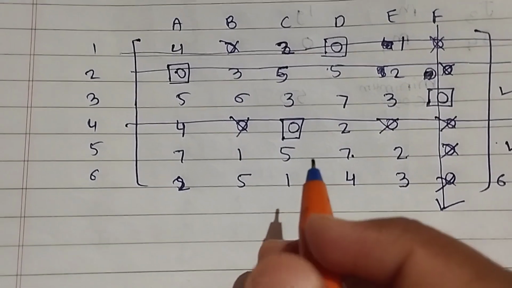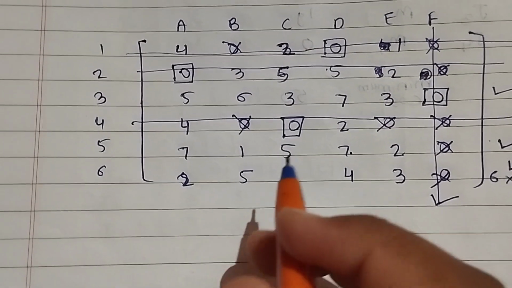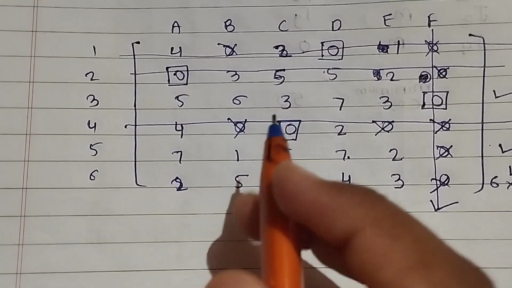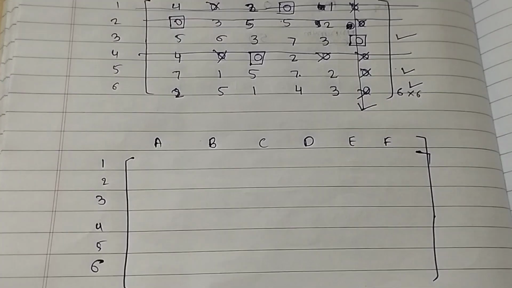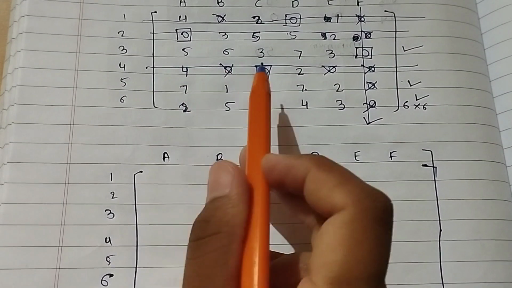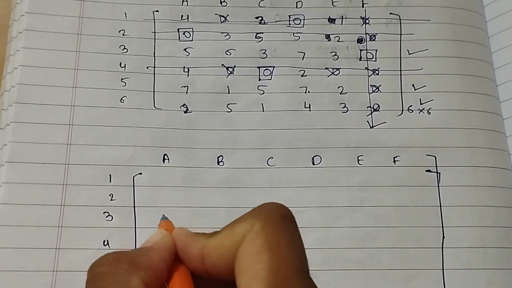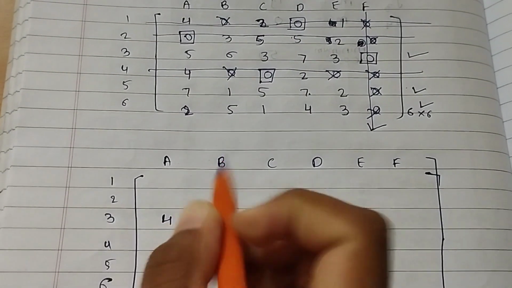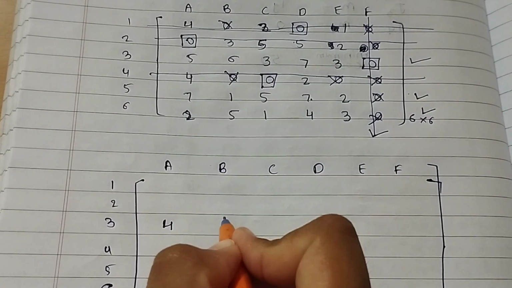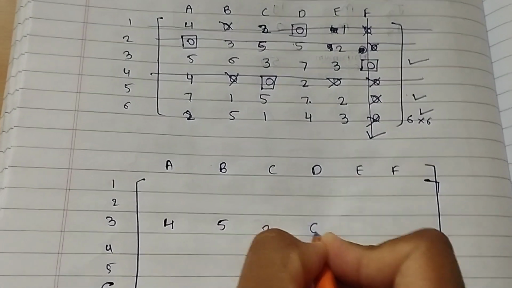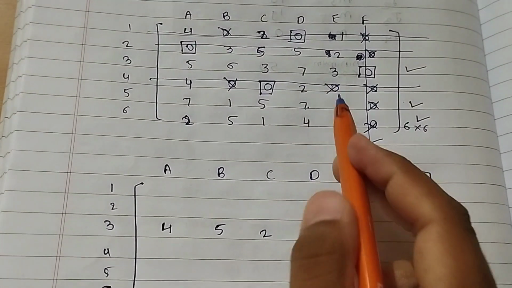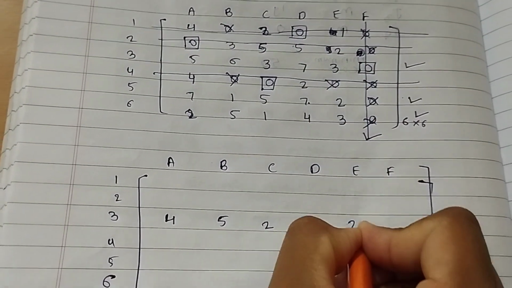First step, subtract it from the uncovered elements. When we subtract 1, we get 5 minus 1 is 4, 6 minus 1 is 5, here 2, 6, and 3 minus 1 is 2.